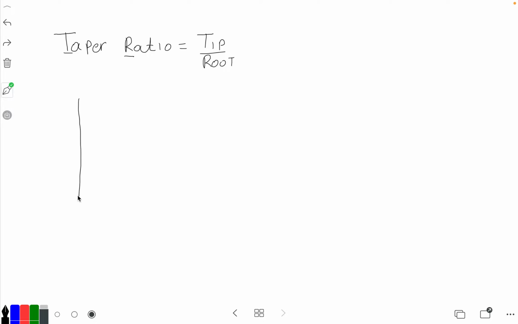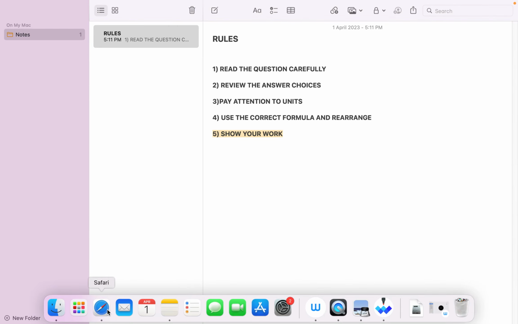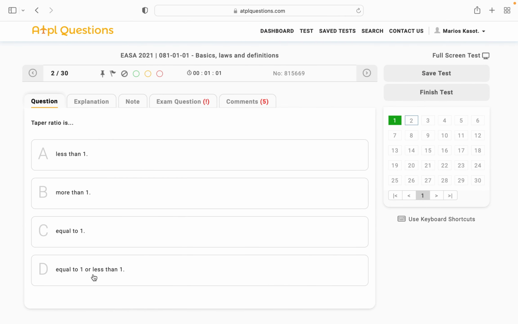A tapered wing has to be something like this. And the rectangular wing, which has a taper ratio equal to 1, looks like this. Root, tip. So, taper ratio is maximum 1, equal to 1 or less.